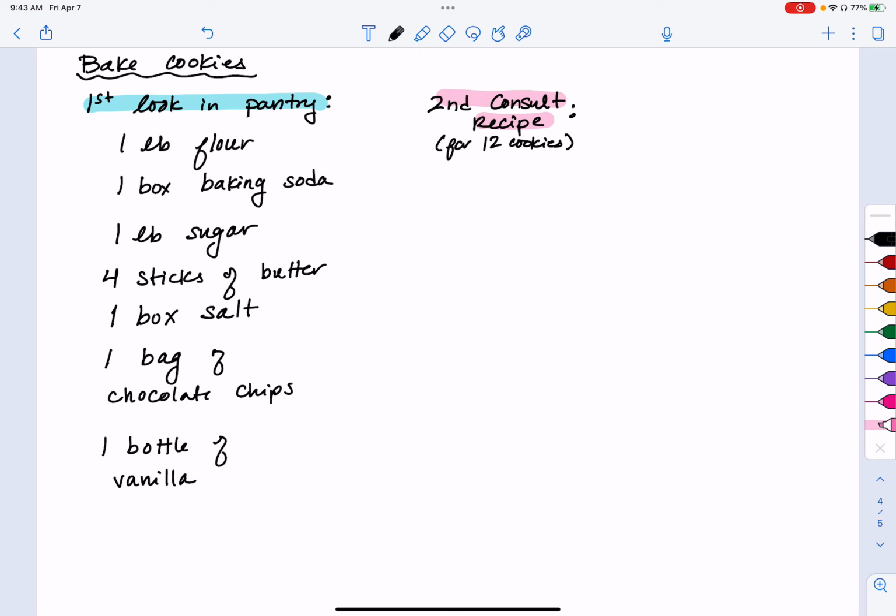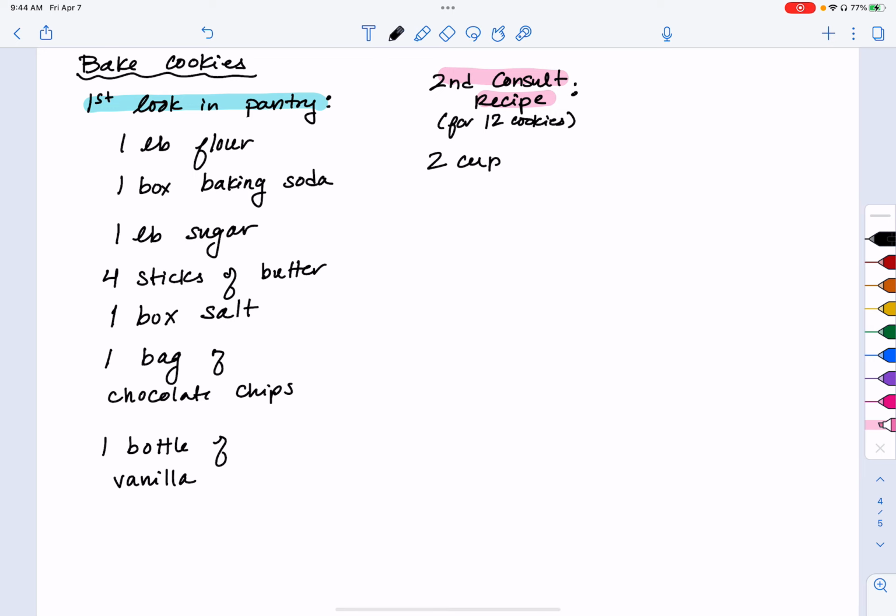So I would need, let's say, 2 cups of flour. I would need 2 teaspoons of baking soda.